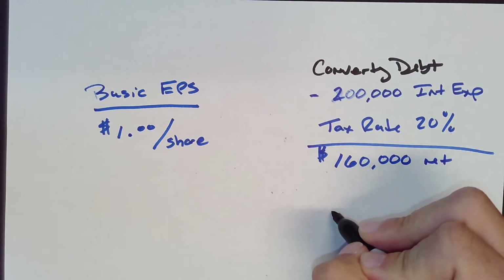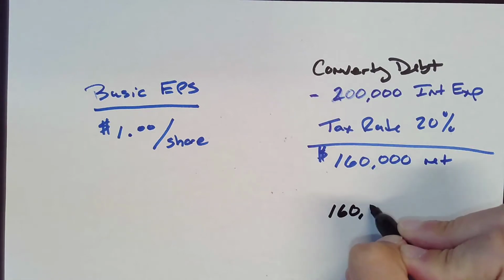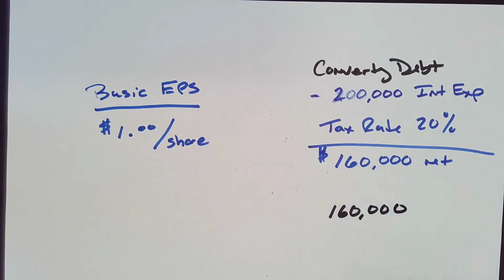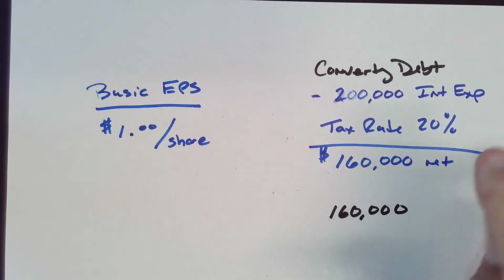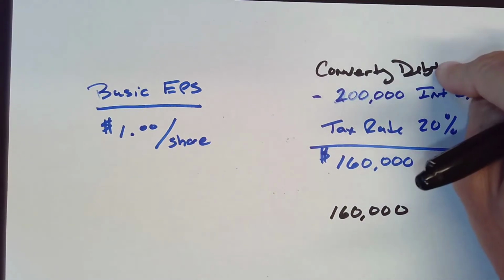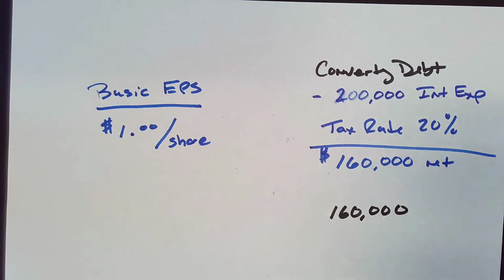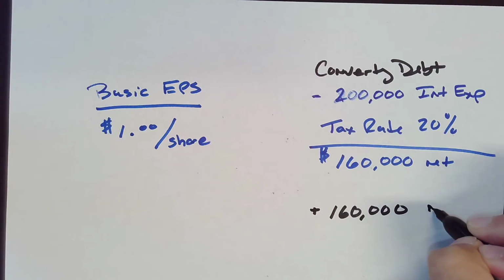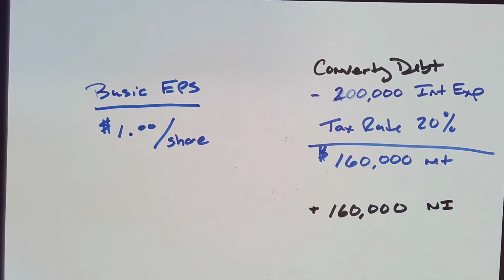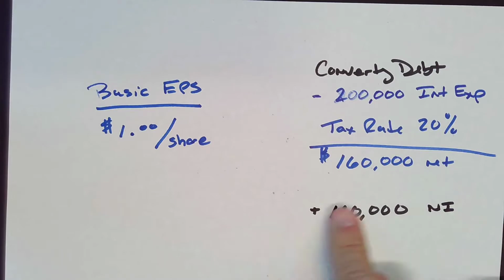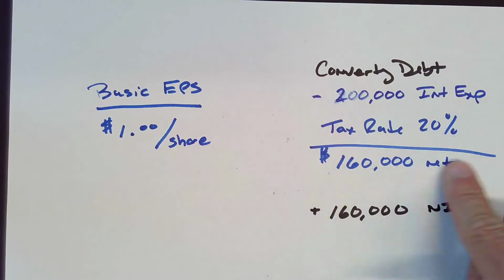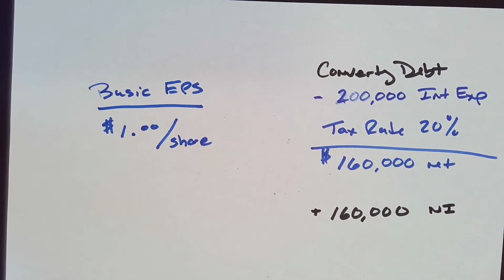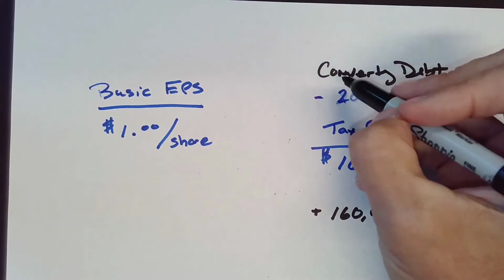In the numerator, it's going to be $160,000 of interest expense, net of tax, on this convertible debt. So this is a plus to net income, because net income is now going to be higher, because the assumption is I don't pay this interest expense net of the tax.